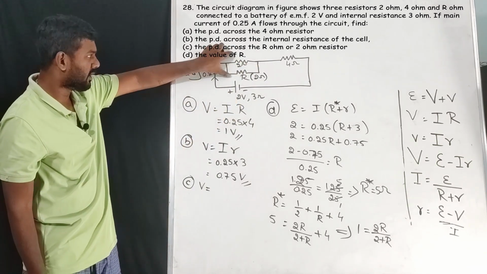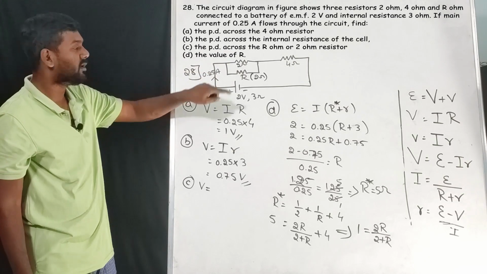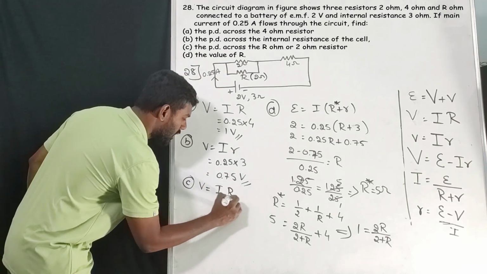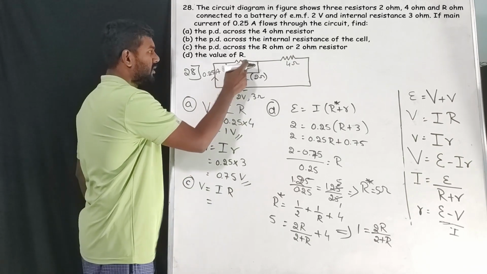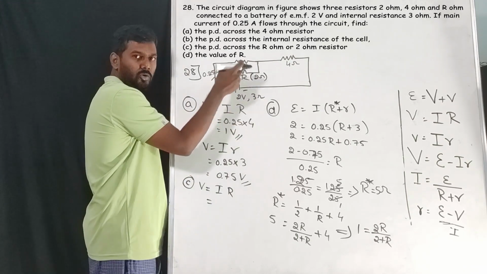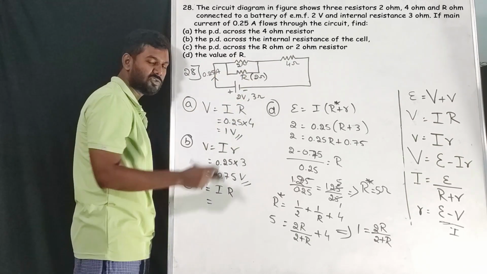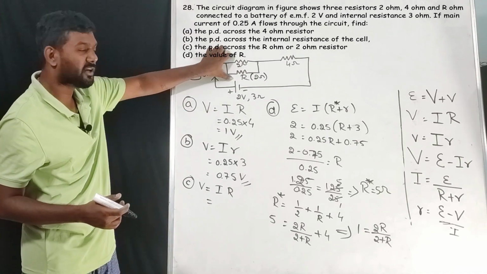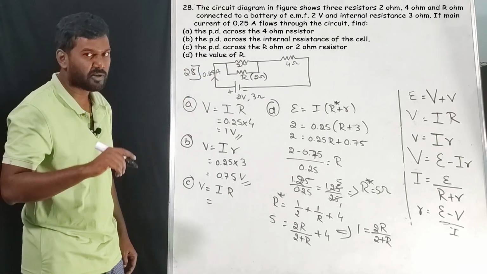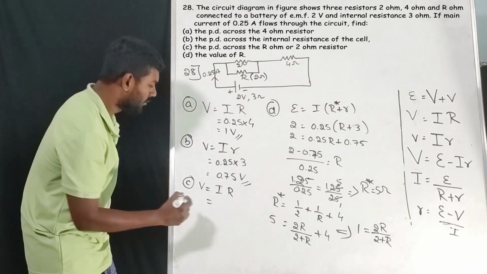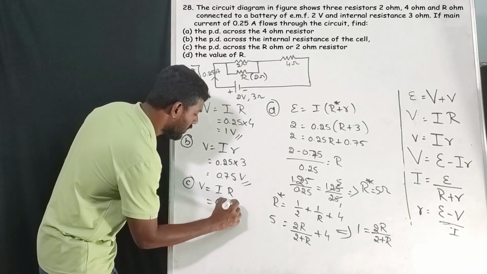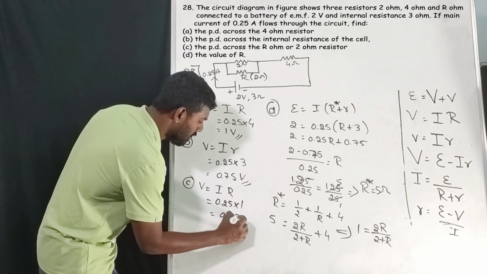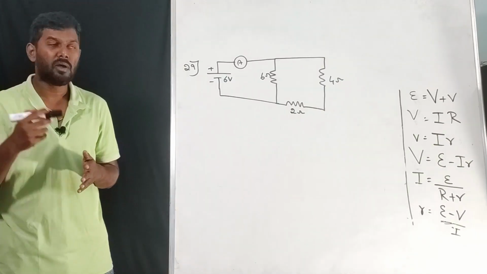Then when we find the complete value, we use it as R, and we know V equals I into R. Whenever the resistances 2 and 2 are in parallel, 1 by 2 plus 1 by 2, the effective resistance value will be 1 ohm. So I is 0.25 into 1, so that will be 0.25 volts. That's it.